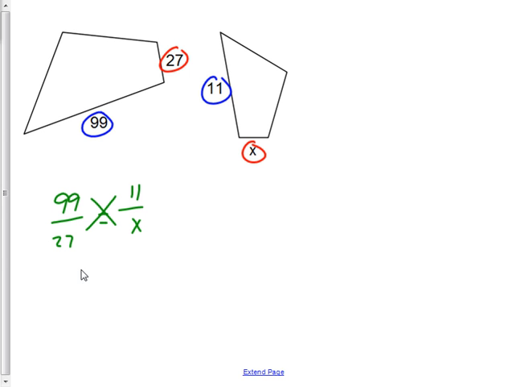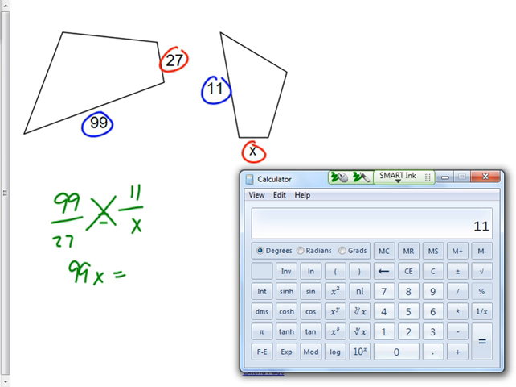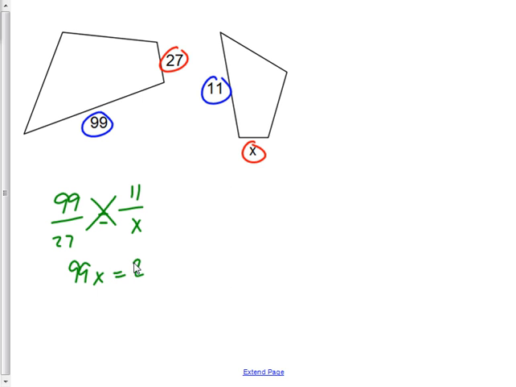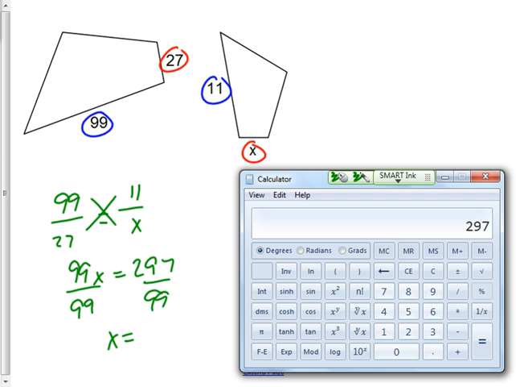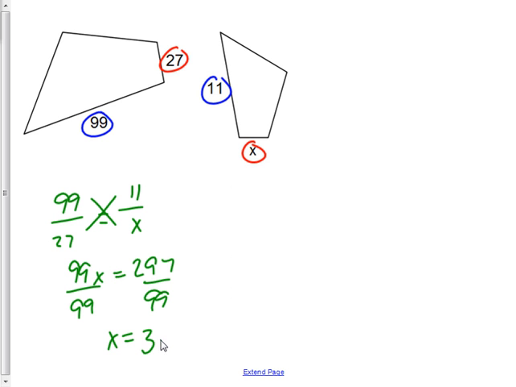Now let's cross multiply, so I get 99x is equal to, now I got to do 11 times 27, 297. I need to divide both sides by the coefficient, which is 99 in this problem. And so that side x is going to be 3 units long in order to make this proportional or similar to that one.